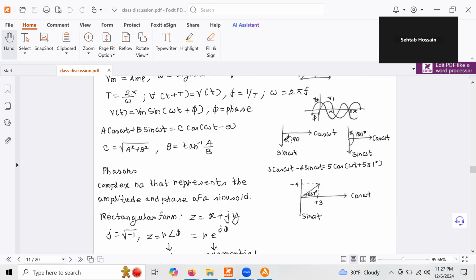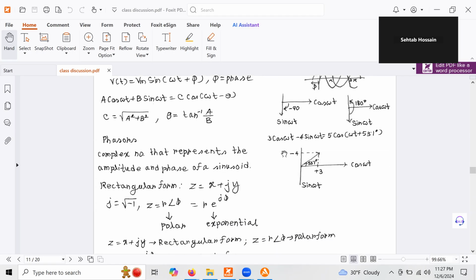So cos omega t is 90 degrees apart from sin omega t, and vice versa. Let's say I have this expression: 3 cos omega t minus 4 sin omega t. So plus 3 cos omega t will be over here, plus 3. How about minus 4? Minus 4 will be over here.